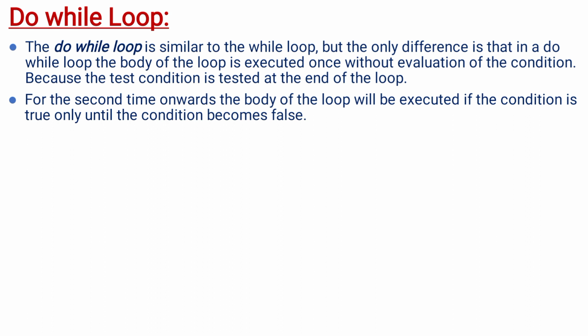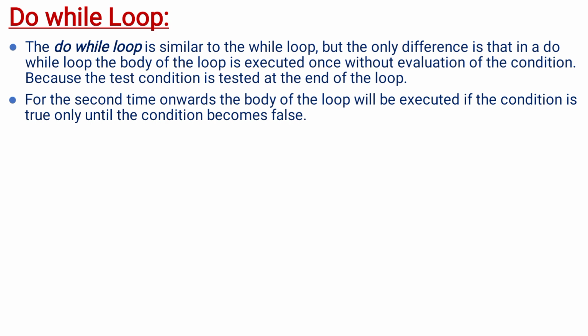For the second time onwards, the body of the loop will be executed if the condition is true only, until the condition becomes false. So for the first time, the statements will be executed without involving the condition. But for the second time onwards, the loop body will be executed if the condition is true only.